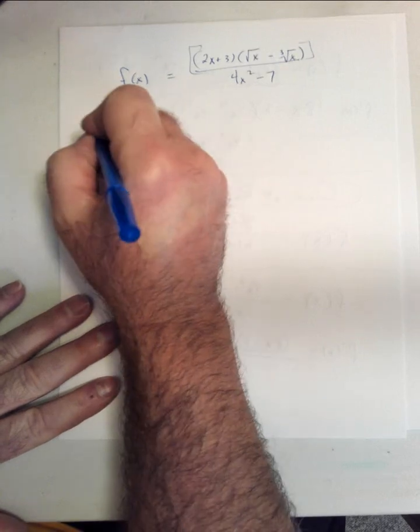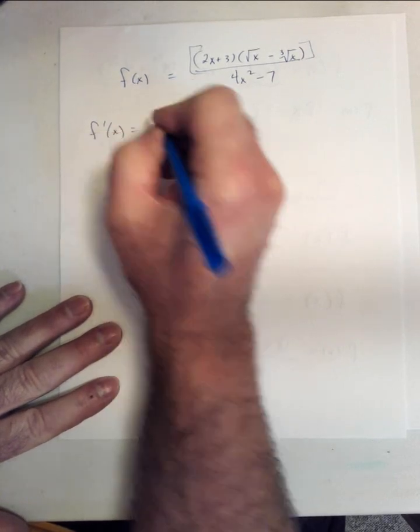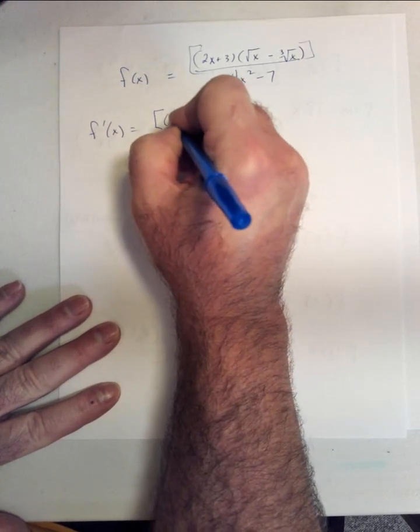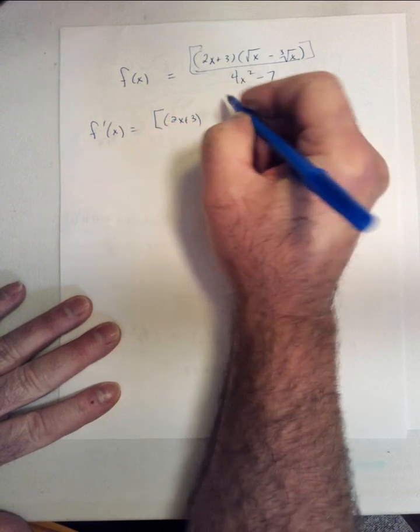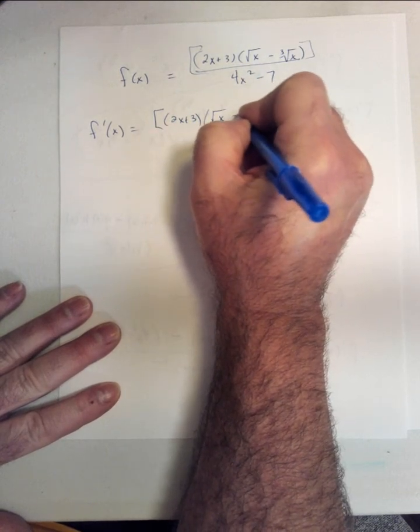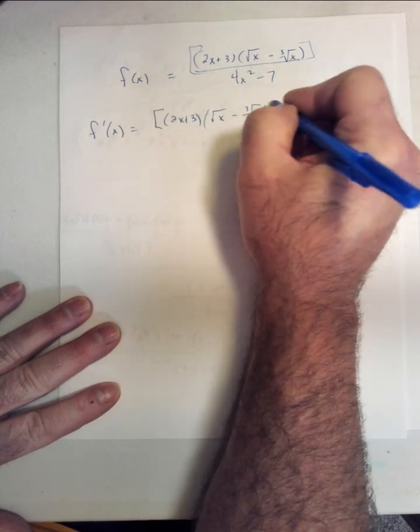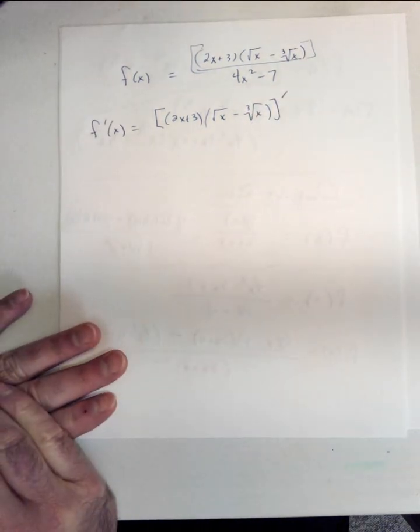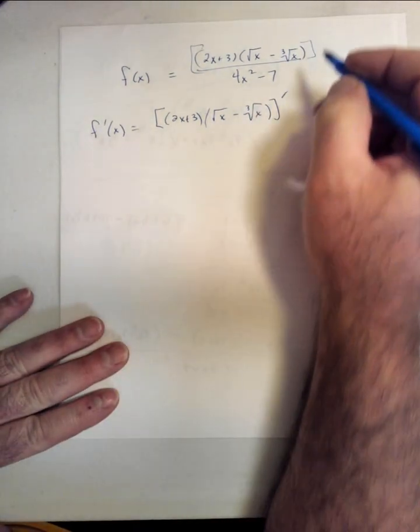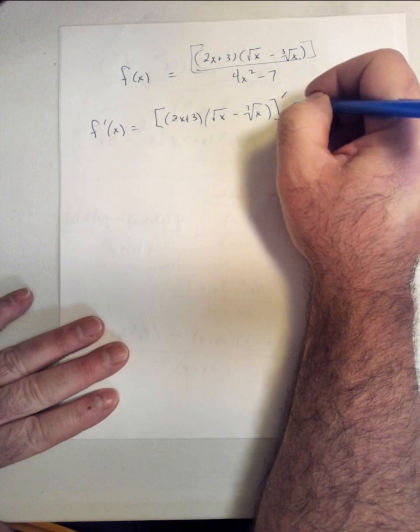So for example, to find the derivative of f, I'm going to go ahead and just rewrite the numerator, and know that I have to differentiate that. And that's times the bottom.